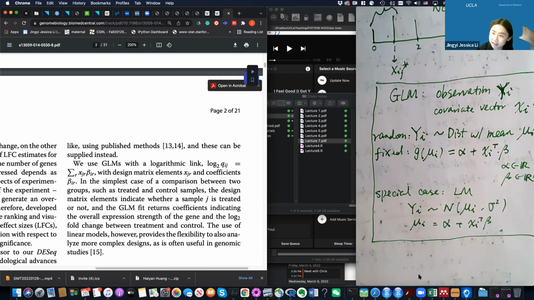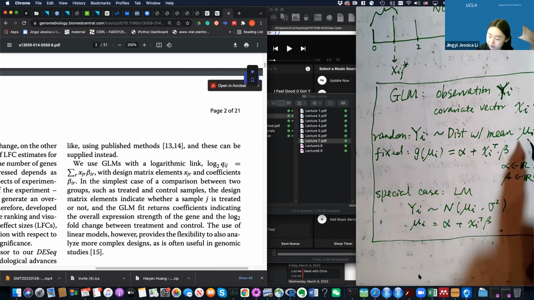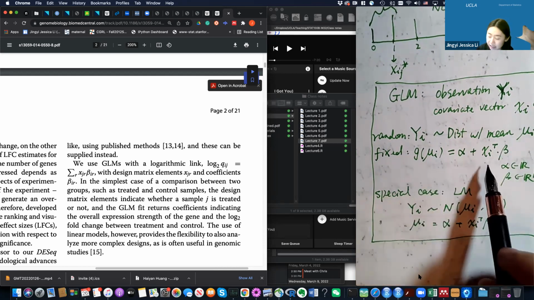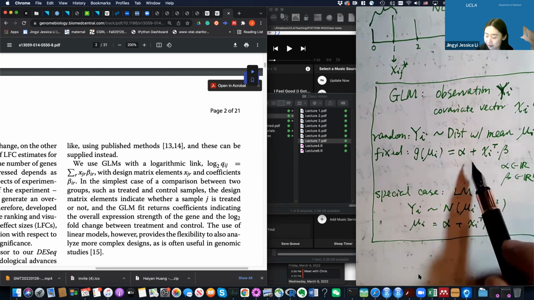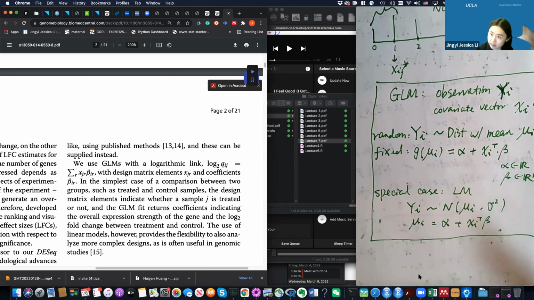Negative binomial cannot allow a negative mean. So for this non-negative mean, how can you make it a linear function? Because we know the linear function can be positive and negative, so it can go down to negative infinity, go up to positive infinity, no constraint.